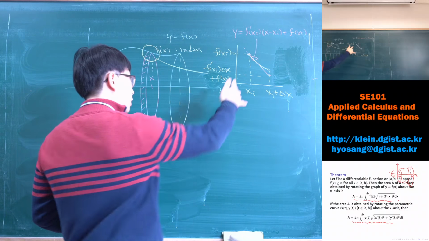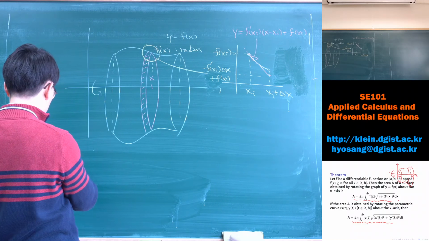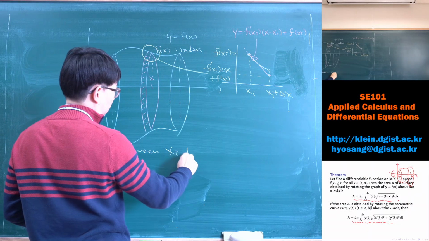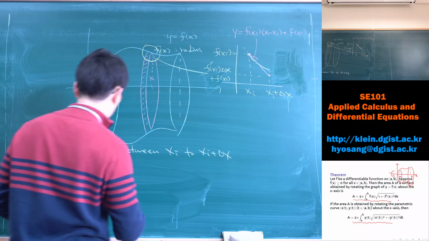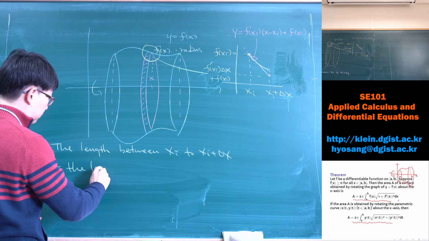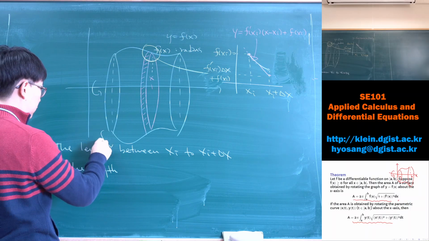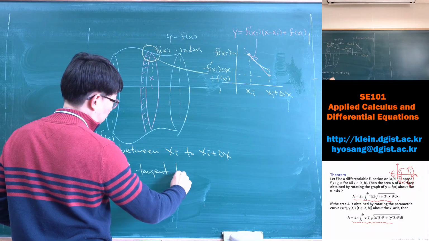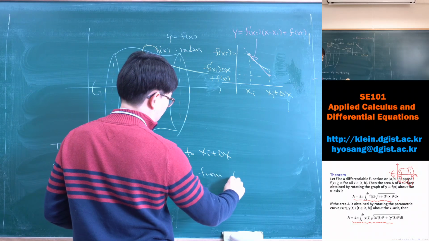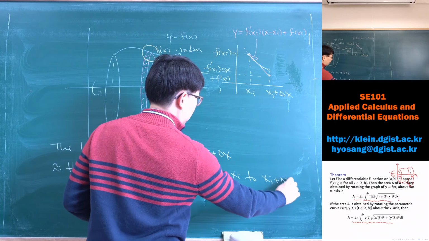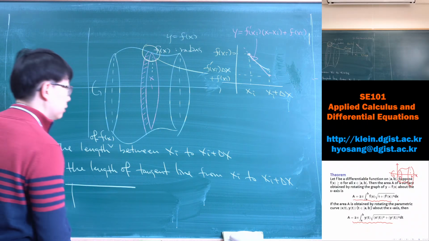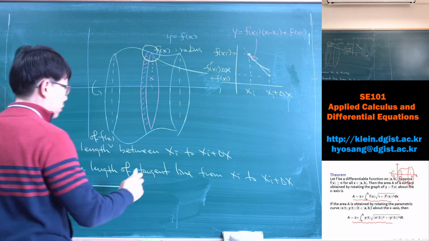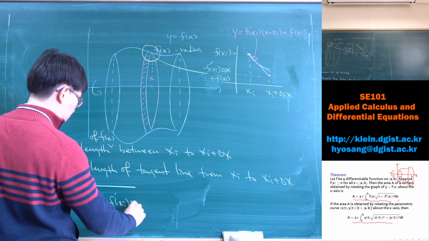So the length between xi and xi plus delta x is approximately the length of the tangent line from xi to xi plus delta x, and that is the square root of the increment of x, delta x squared, plus the increment of y, which is f prime xi delta x squared.